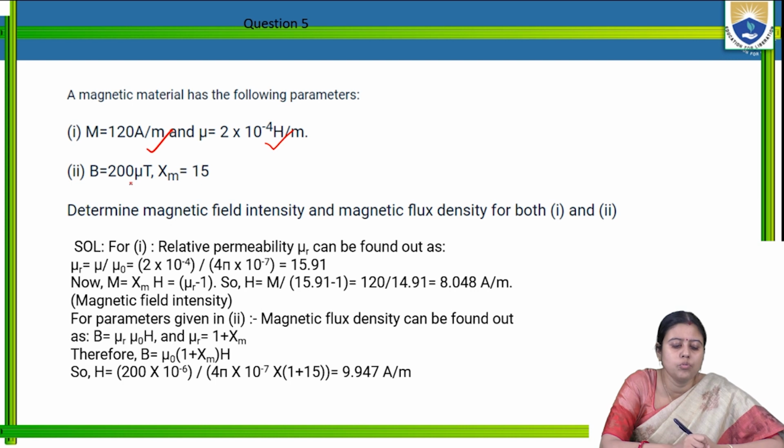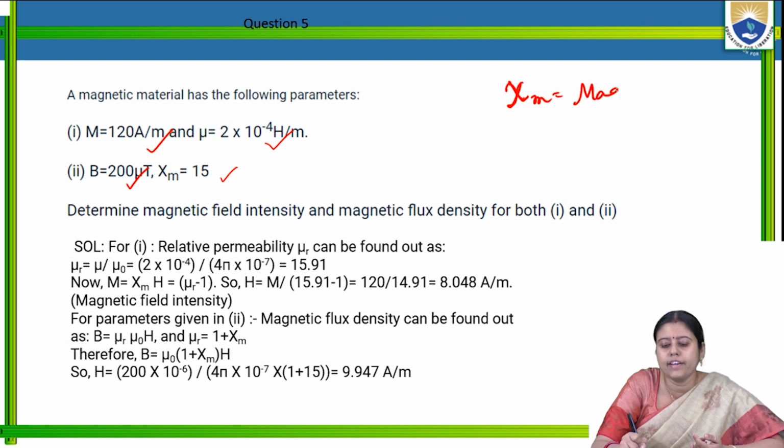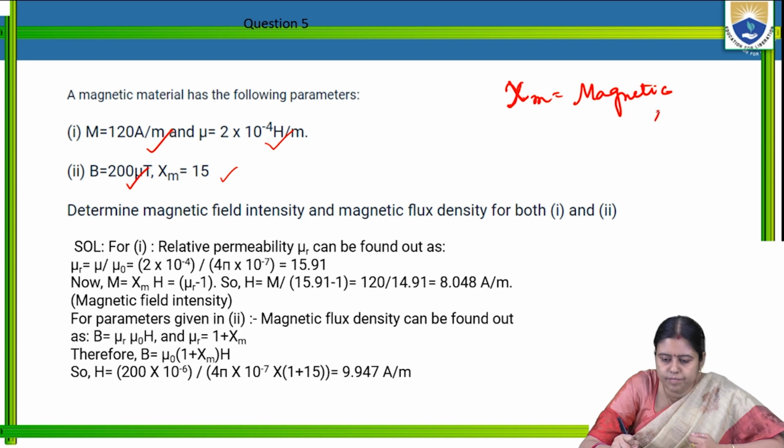B is equal to 200 microtesla, where 200 micro means 10 to the power minus 6 Tesla. And Xm, or Xi M, is the magnetic susceptibility.